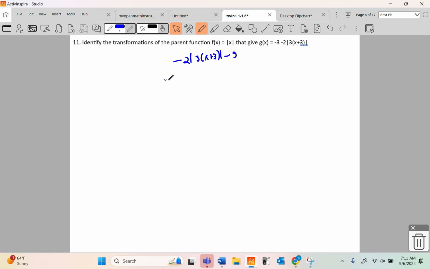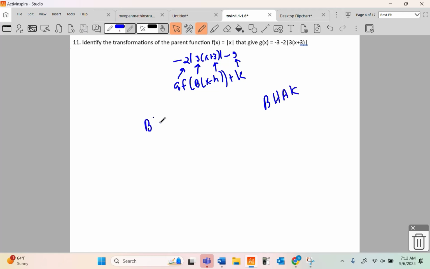I put it like this because I can line it up with a times the absolute value of b times x minus h, plus k. So there's a, there's b, there's h, there's k. All right? Now, we're supposed to talk about B first.